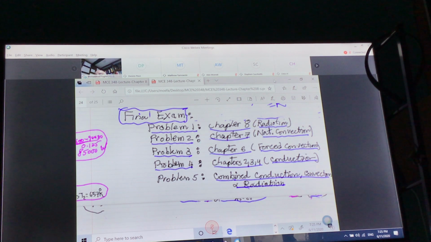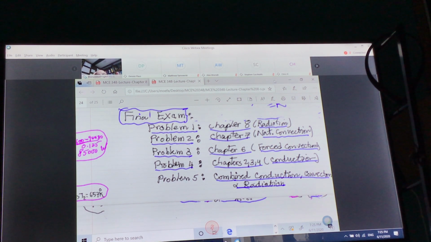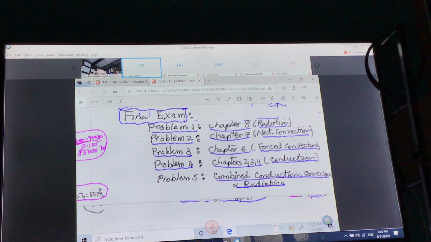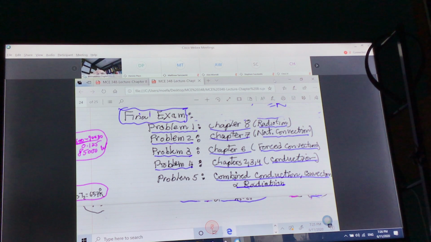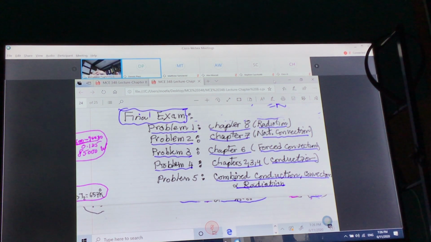Yes. Would it be possible to push the exam to an earlier time instead of the 6 o'clock class time? Okay, that would be a good suggestion. 6 o'clock is a bit late, so give the exam earlier, maybe like 2 o'clock in the afternoon. If that's cool with all the other students too.